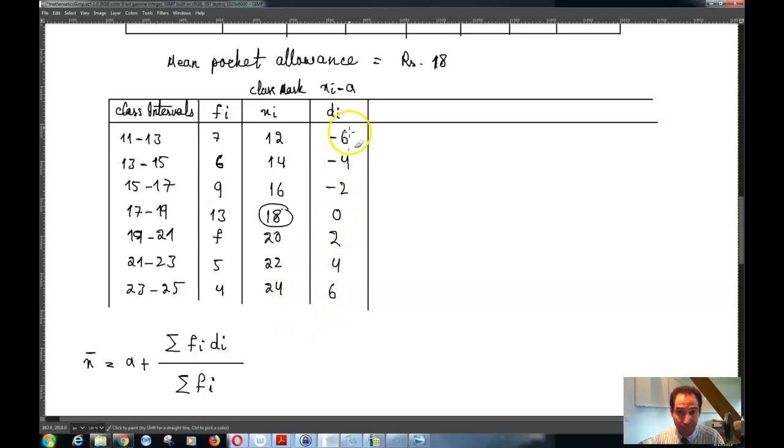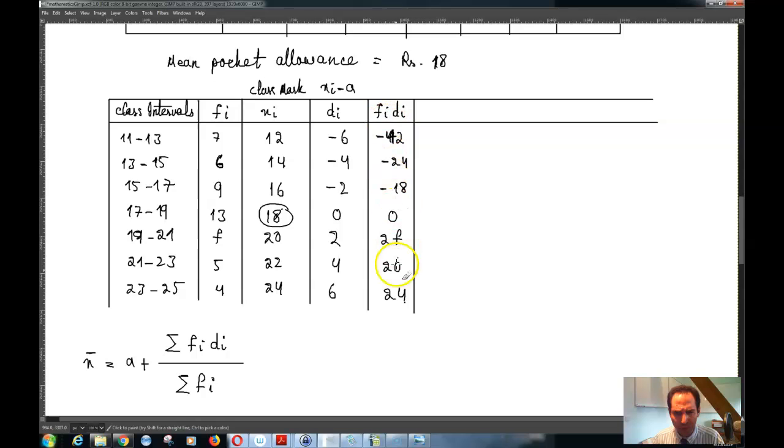Now if I calculate sigma f of i times d of i, what I will have is basically negative 42, negative 24, negative 18, you have 0, you have 2f here, you have 20 here, and you have 24 here.